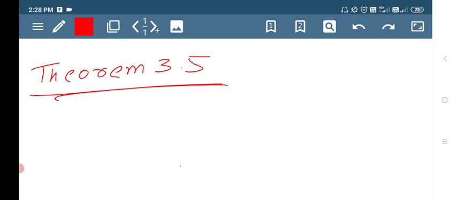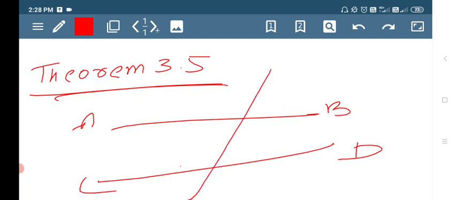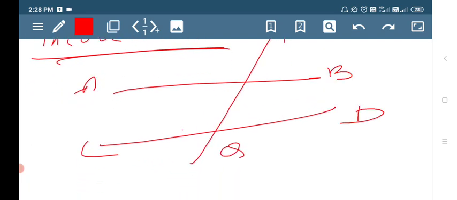If a transversal intersects two lines, we don't know whether AB and CD are parallel or not, and interior angles on the same side of the transversal are supplementary, then the two lines are parallel.